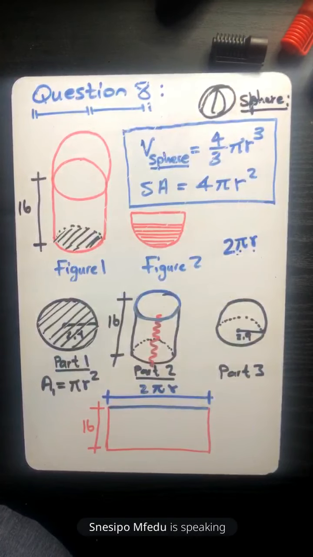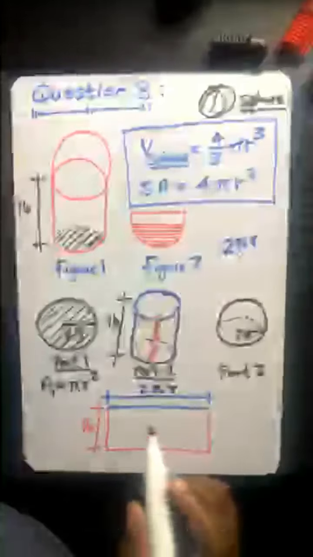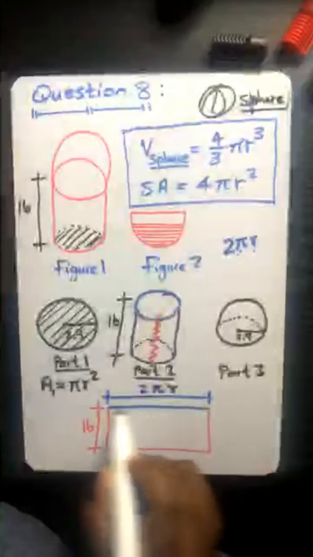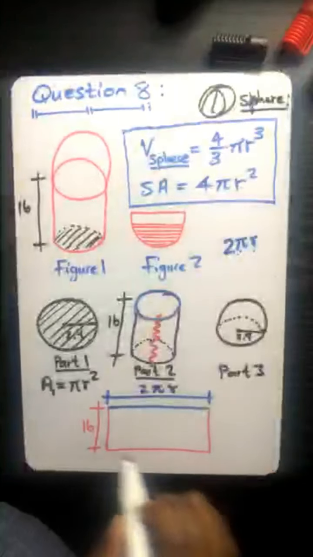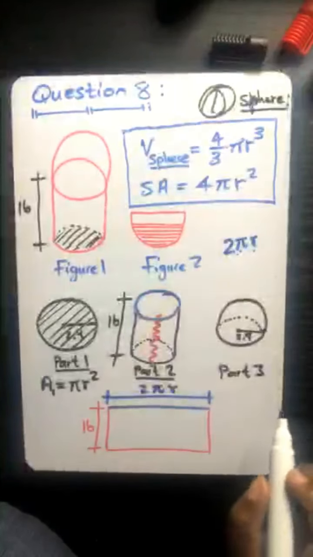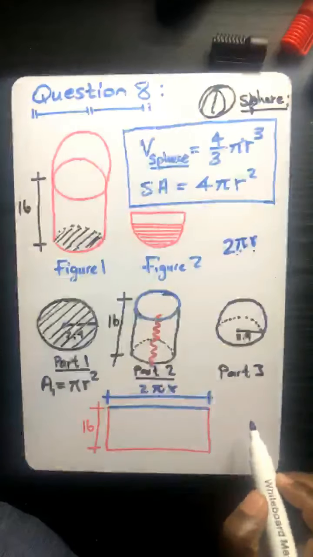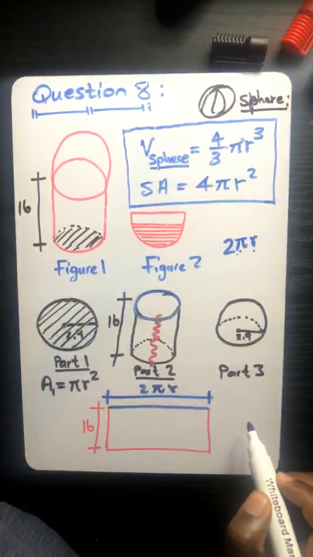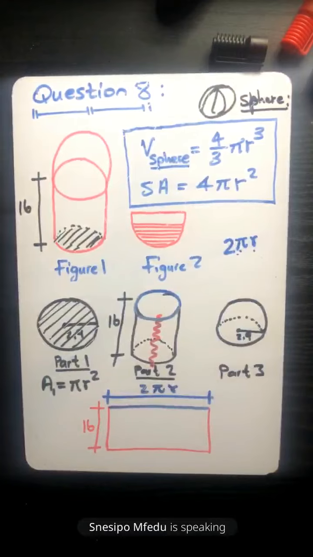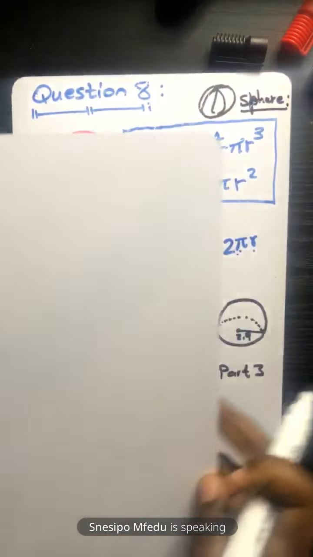Can you please repeat, sir? Someone is requesting a repeat. Which part would you like me to repeat, honorable member? Is it the perimeter part? Yes, sir, the perimeter part.